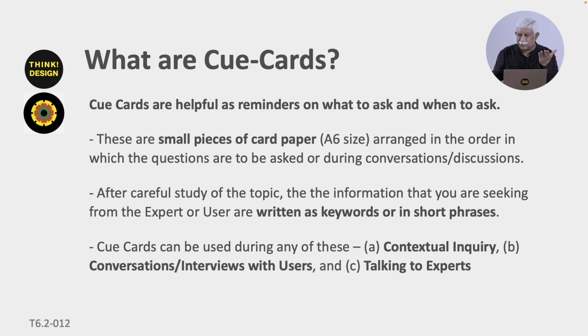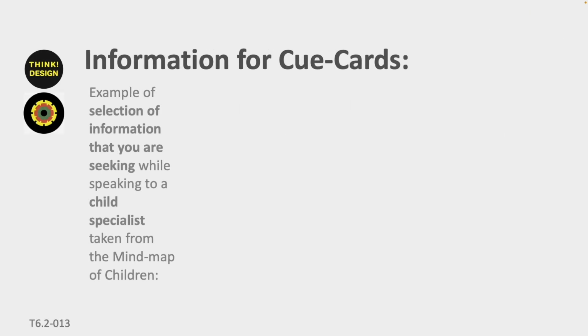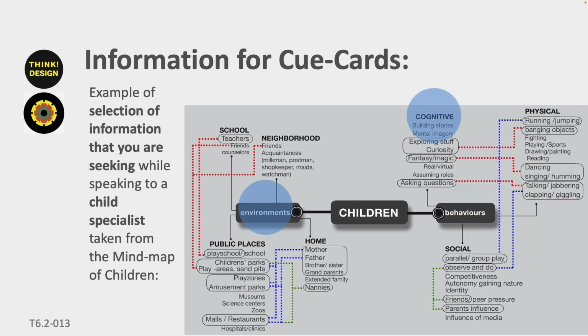You can use cue cards while you're doing the contextual inquiry. You can do it while conversing or interviewing the user, and especially while talking to the experts. So let's have a look at the cue cards themselves.